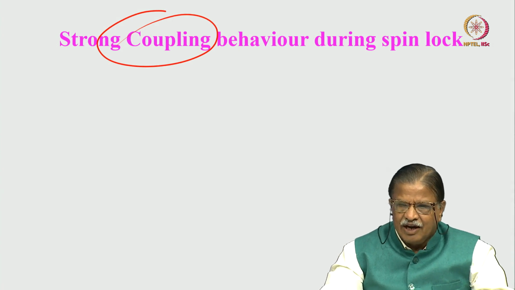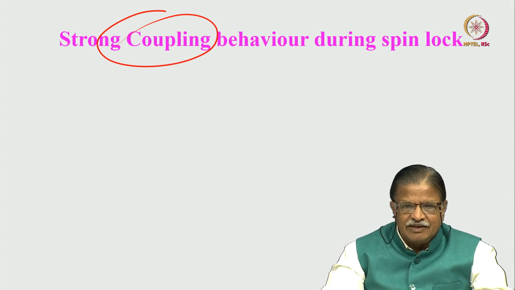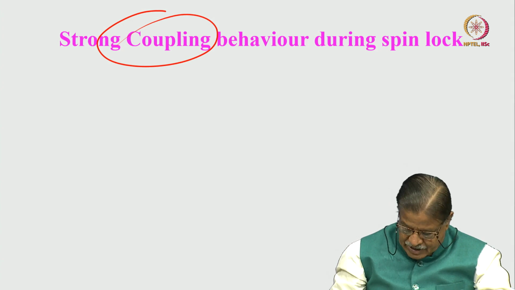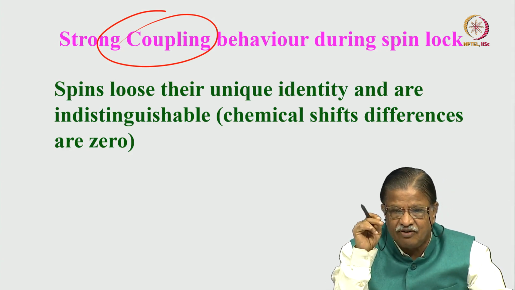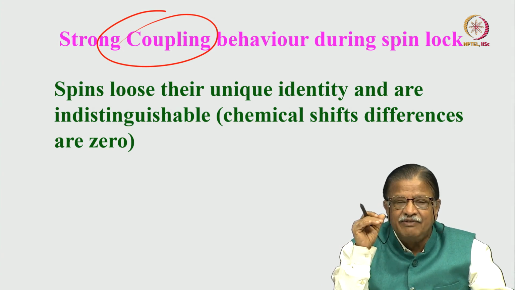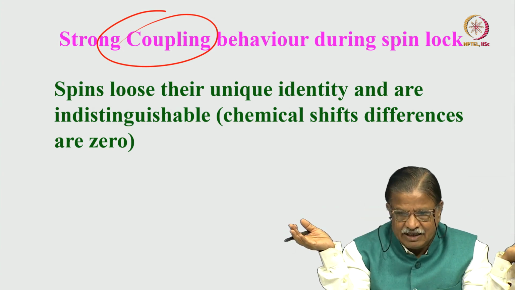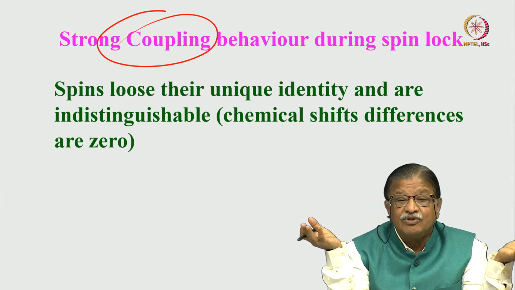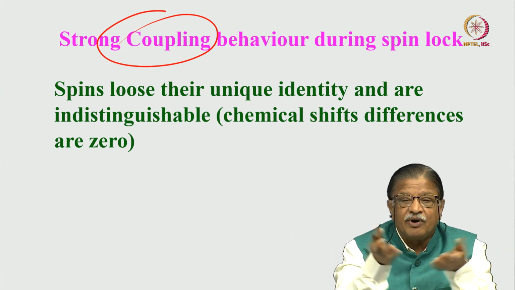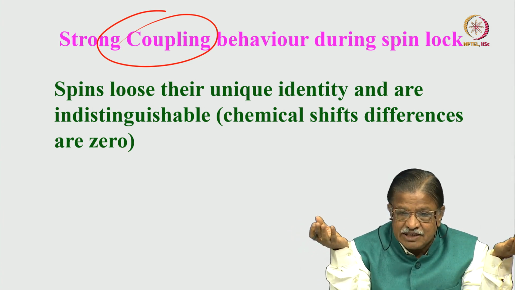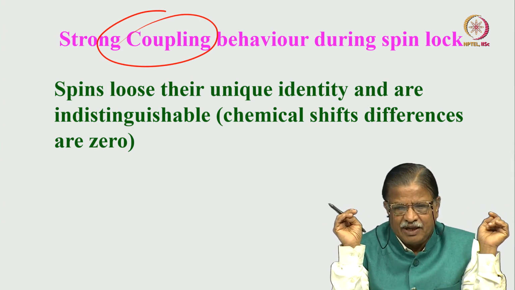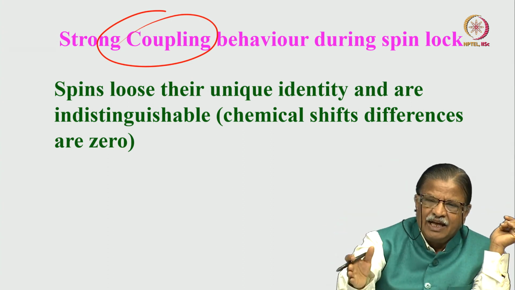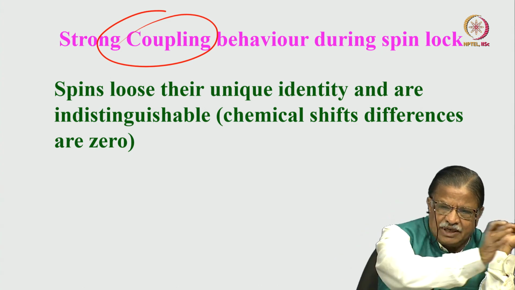In the case of strong coupling, there is no chemical shift here, only J couplings evolve. This is what the spin lock pulse creates. It creates a situation of strong coupling. Then, since there is no chemical shift, all the coupled spins lose their identity. You don't know which chemical shift belongs to which spin. If it is not a spin lock case, you can identify and say this is the chemical shift of proton 1, 2, 3 like that.